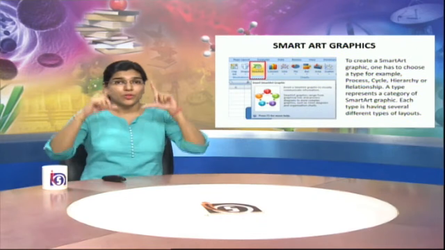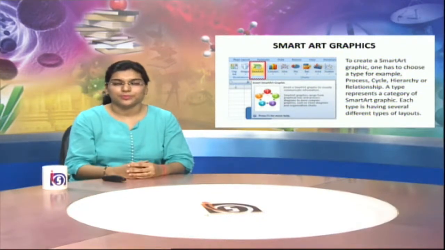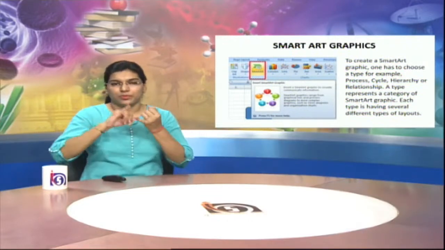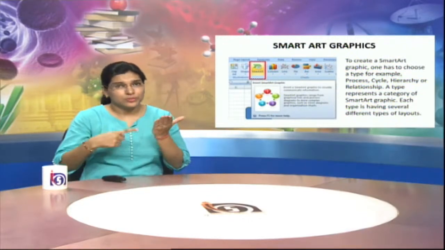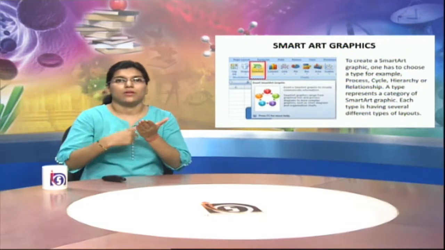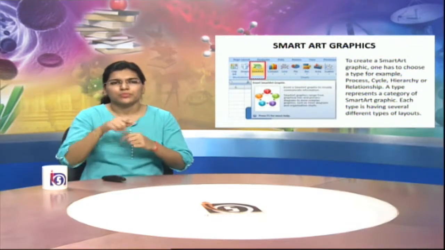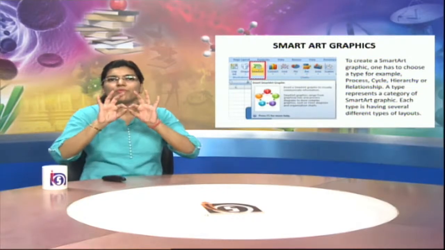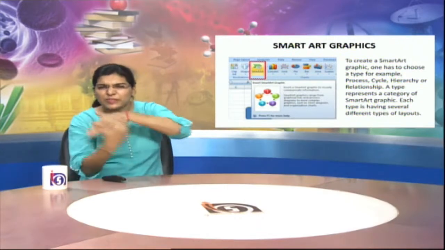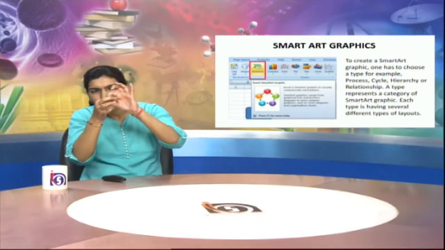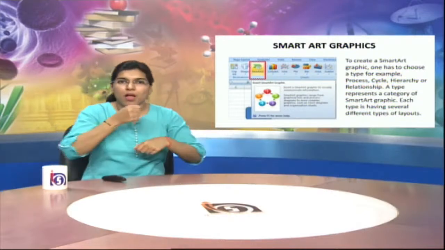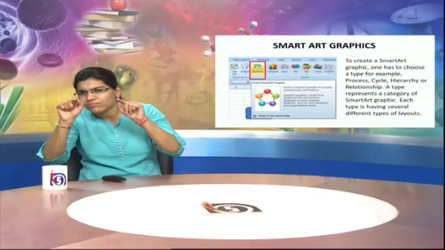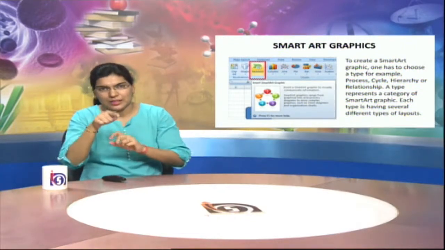Now we would be learning about the smart art graphics. This is known as smart art graphics. Like when you have in one family you have so many people and all are related to each other, grandfather, then father, then children, grandchildren's, chacha, tao.